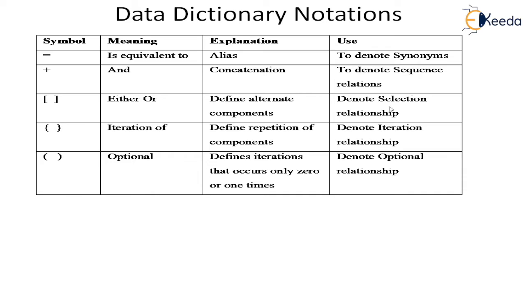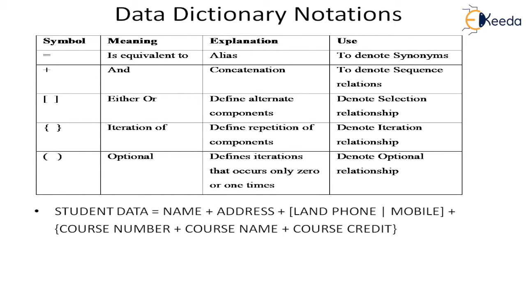So they are selection relationships. Then you have the iteration relationship within curly brackets, which defines repetition of some components of the data. And then you can have the optional, which can be 0, it need not be there, or it can be there. So we can see some examples here.